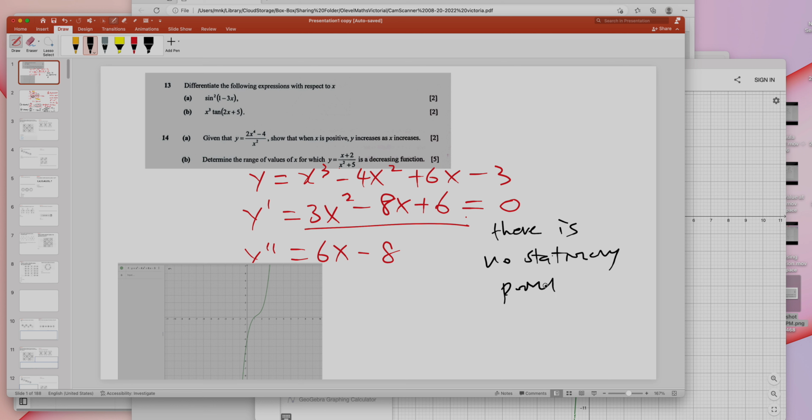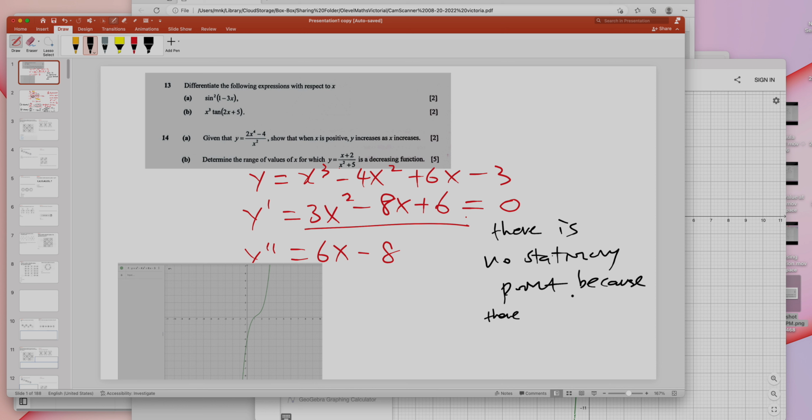There is no stationary point because when I equate it to 0, which is this, there is no x value or root.